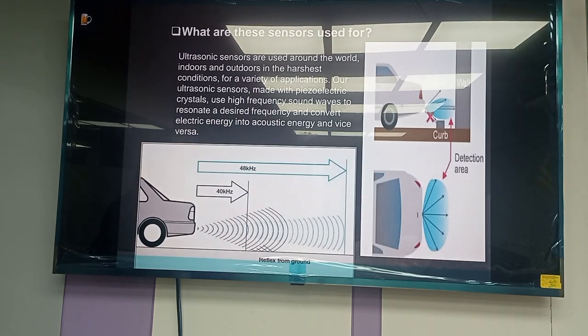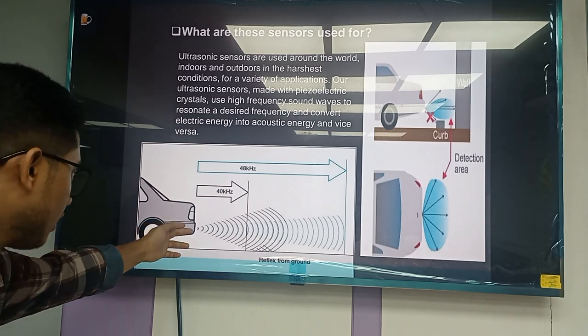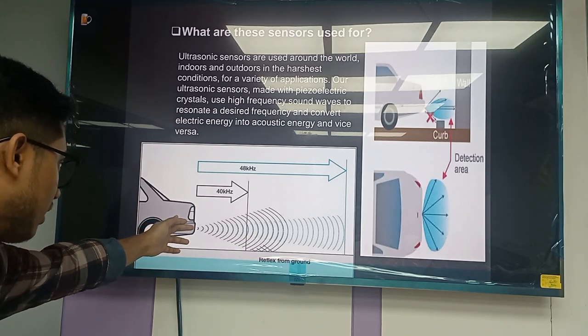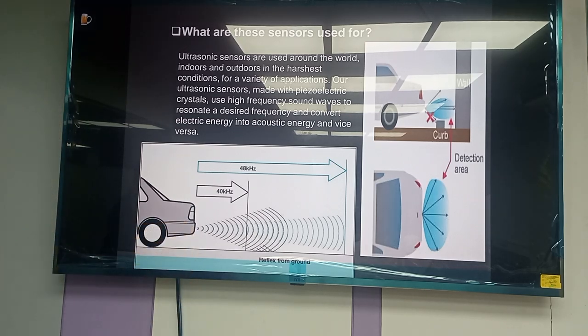Next, as you can see, here is one example, and here is a car with an ultrasonic sensor added, which transmits a wave signal.